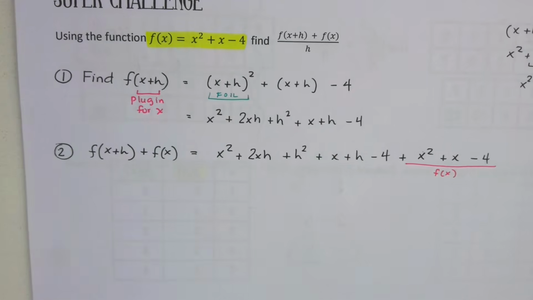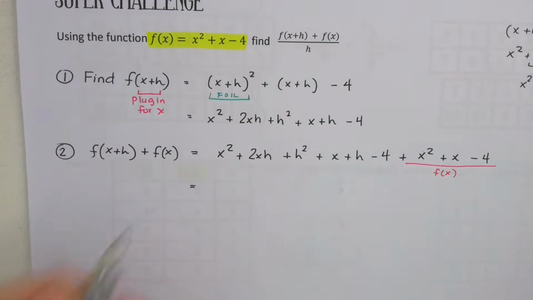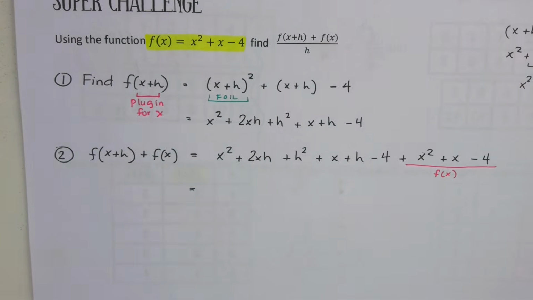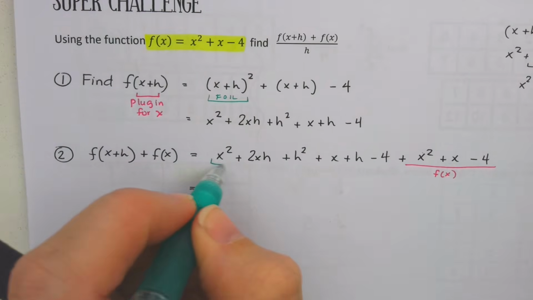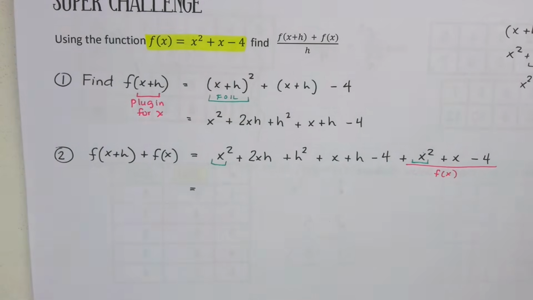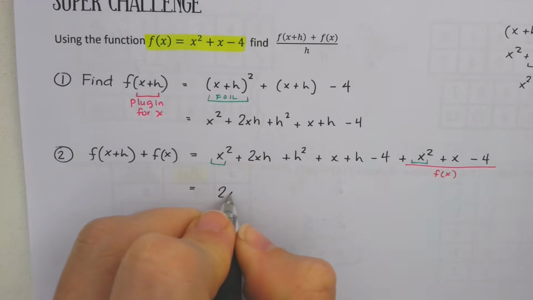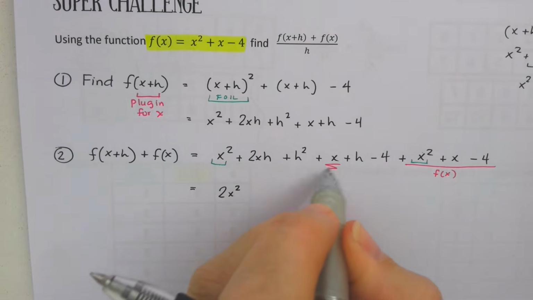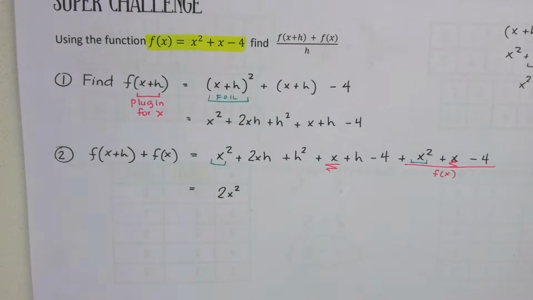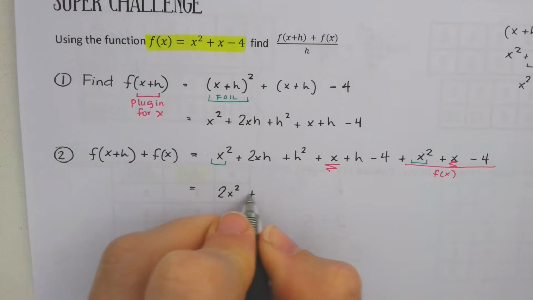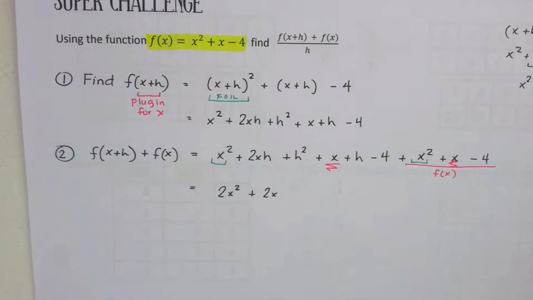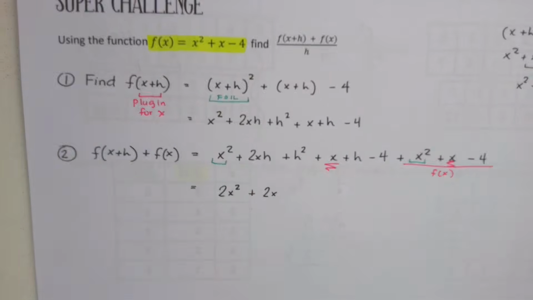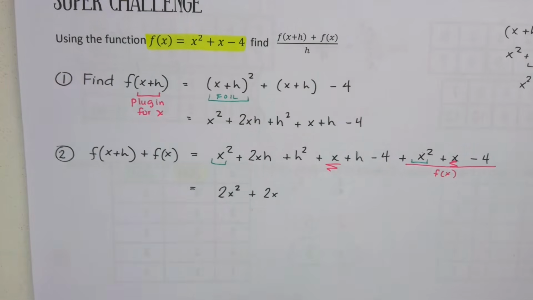Now do we have any like terms that we can combine? Yes. Which ones? We got x squared plus x squared would become 2x squared. Anything else? The x's. X plus this x becomes 2x. Anything else? The minus 4. What's minus 4 minus 4?